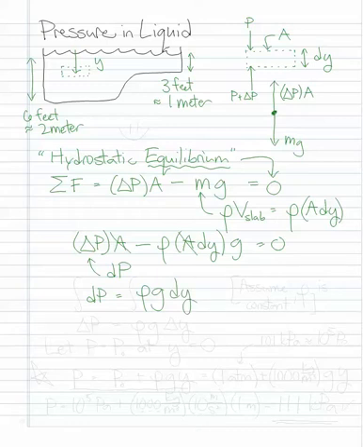Great. Now this is a differential equation, and I'll just integrate each side, and we can write this as the change in the pressure is equal to rho g times the change in the depth. Here's what I want you to see, though.